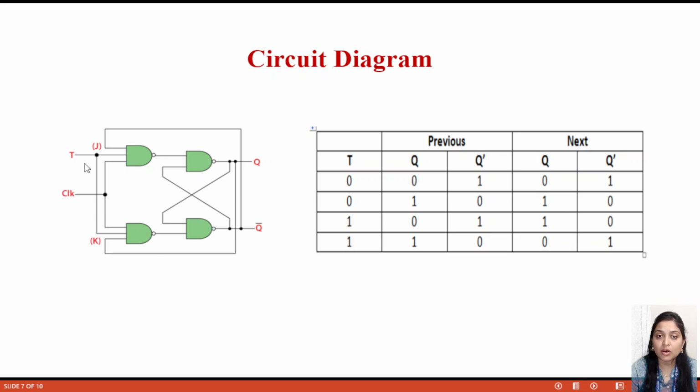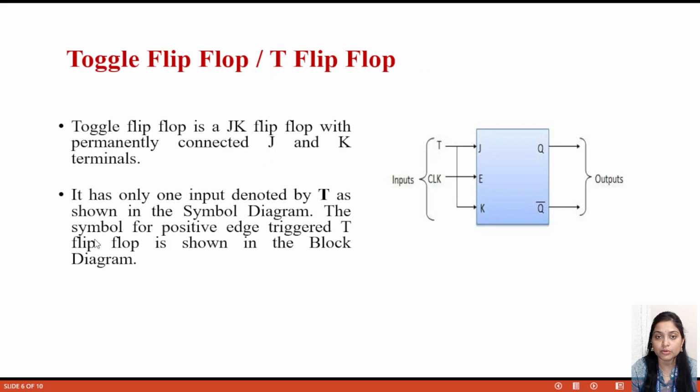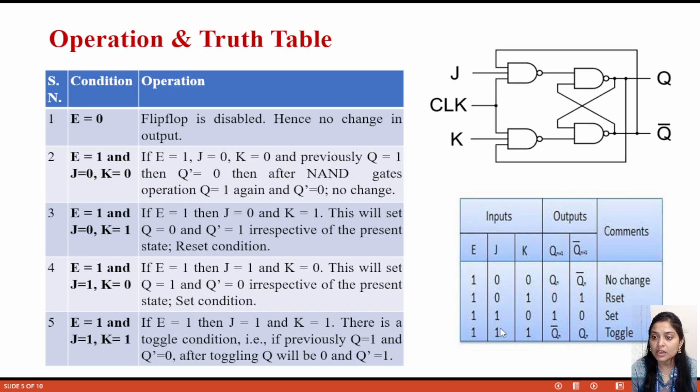Now if I give T equals 1, that means J and K both are 1. If you see the JK flip-flop truth table, if J and K are both 1 1, it will be a toggle. Toggle means the opposite of the previous output.